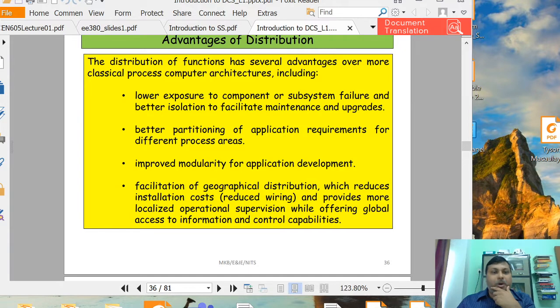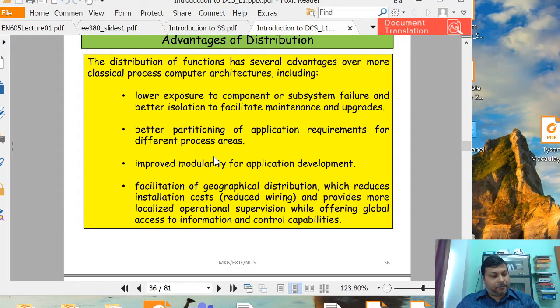This is a very important feature, because it is also geographically distributed. Definitely when the functions are distributed, then it is distributed geographically also. Every piece of information is not required to come from the field to the control room, so you can save the wiring also.